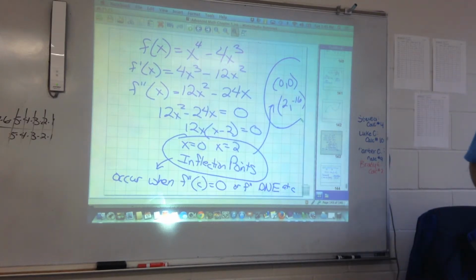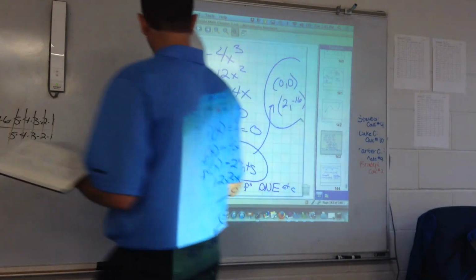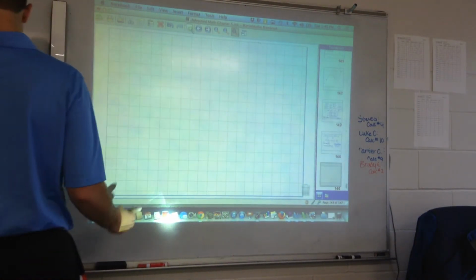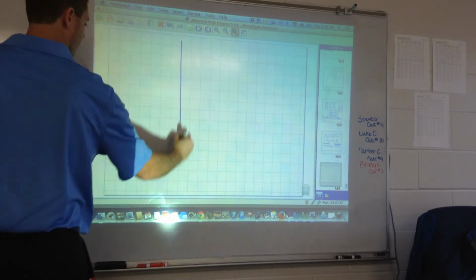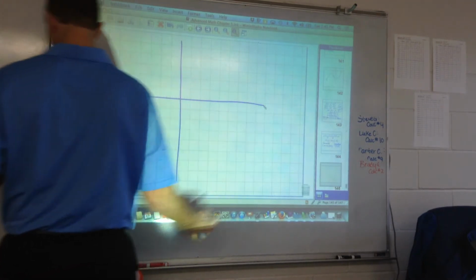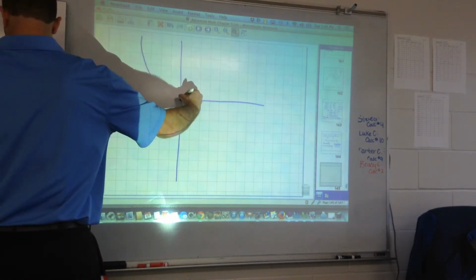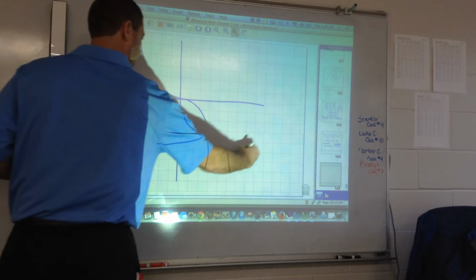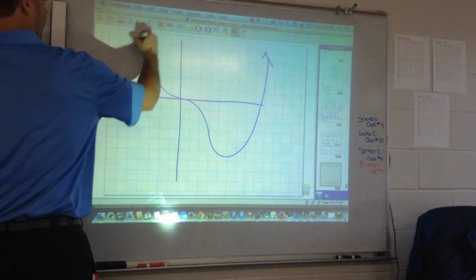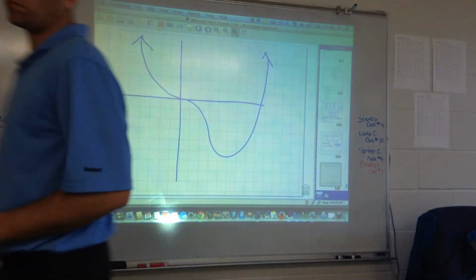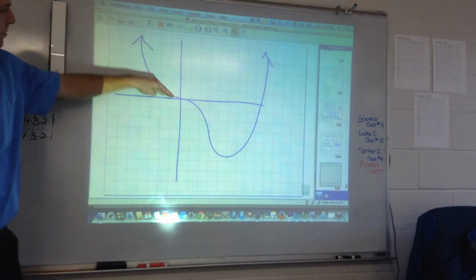The graph of this function is just a squiggle. It's like this, roughly.